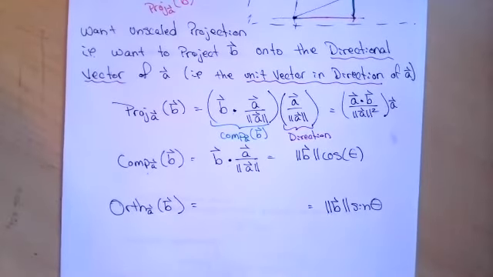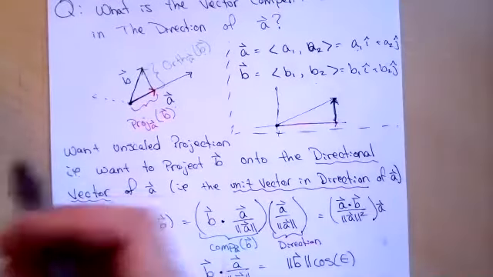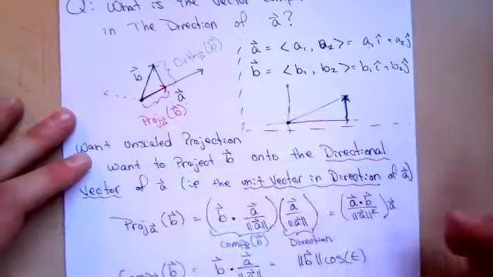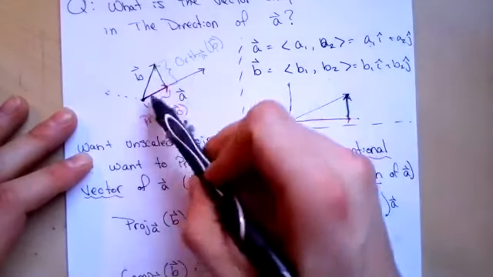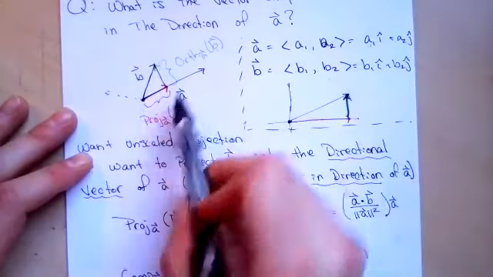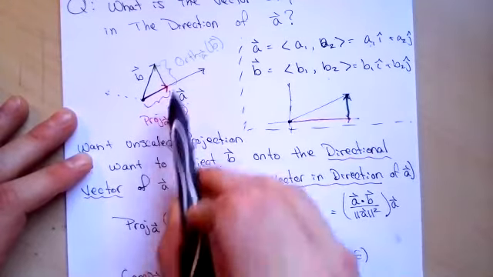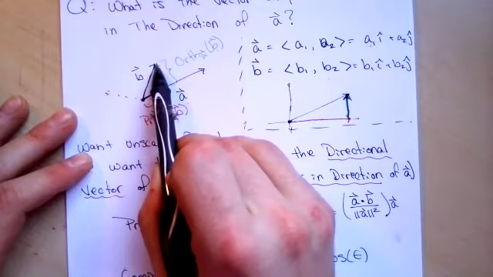There's actually a slightly quicker formula, and let's use some tricks using our notion of angle and vector addition. I know that the red piece plus the green piece has to equal B. So in other words, the projection of B onto A plus the orthogonal projection has to give us back the original vector.